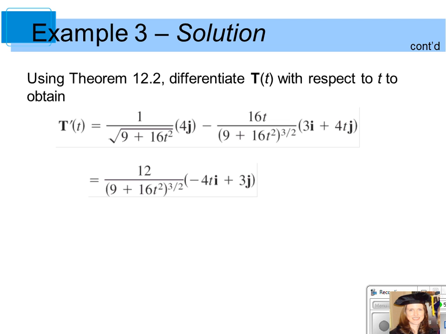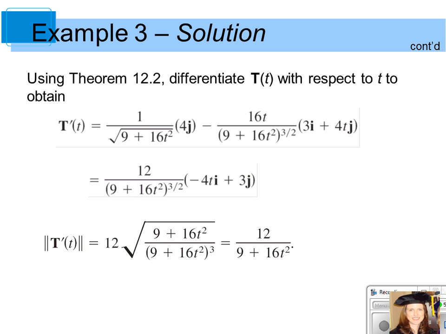You can simplify to get this. Now you want to find the magnitude of that T prime of t vector, and you get this, and it does simplify to 12 over 9 plus 16t squared.